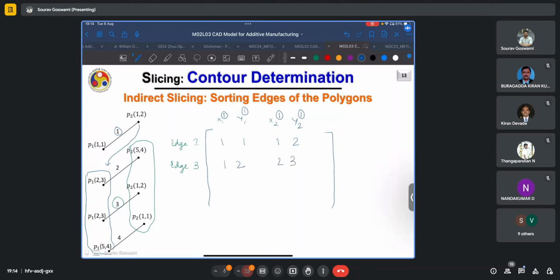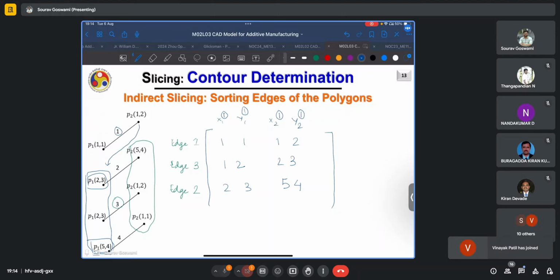Again we try to match 2 3 with the remaining first points. So it matches with edge 2, and we don't even need to flip it. So it is 2 3 and 5 4. And at last we compare it with the first point of edge 4, and we see that it matches and we do not have to flip edge 4 either.